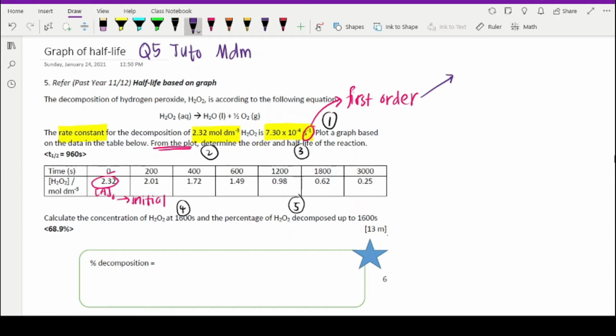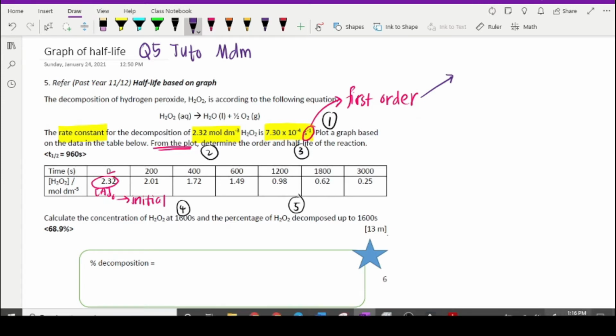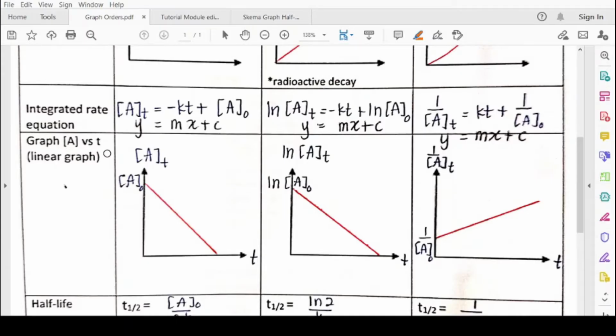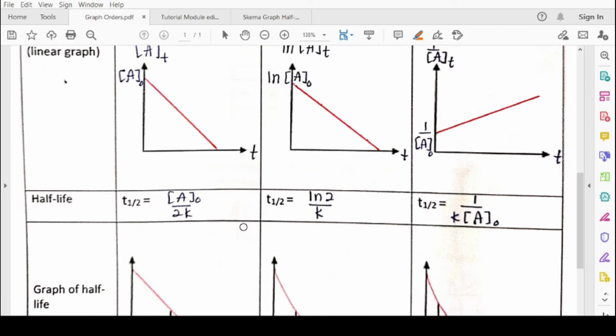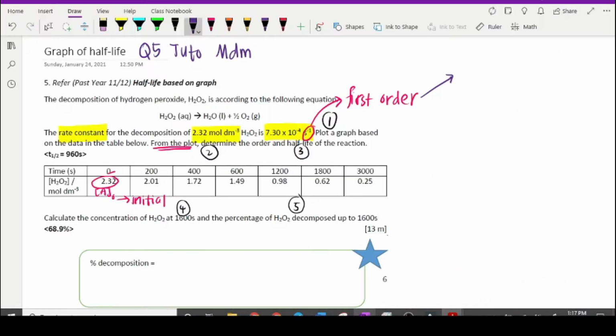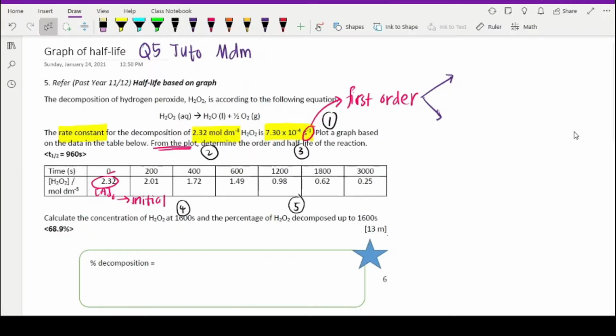The first one is by looking at the graph of concentration versus time, or linear graph, or second, we can determine it by drawing our graph of half-life. I'll always recommend my students to draw the half-life graph because it is really easy for you to differentiate the order by looking at the scale. So I'm going to draw the graph using the half-life graph.